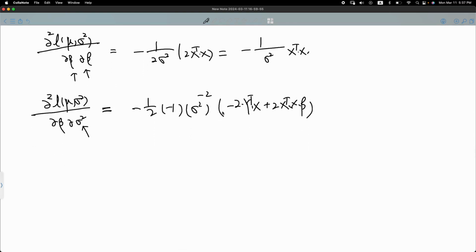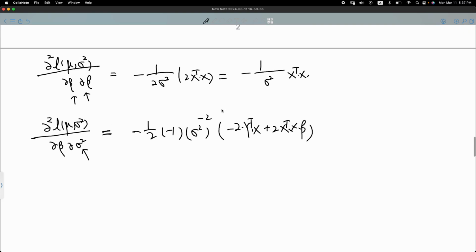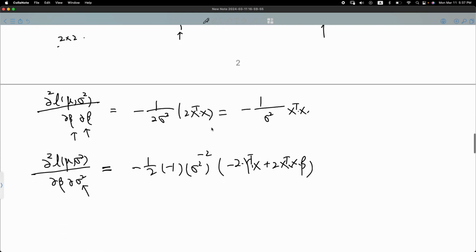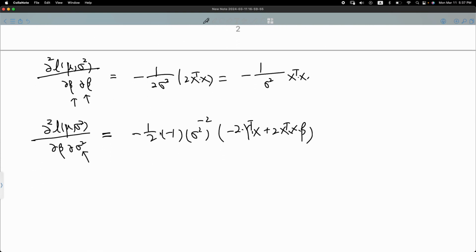Okay, let's see. This 1/2 can be cancelled out, and this negative sign cancels out. So we have 1 over sigma raised to the power of 4, and then the 1/2 cancels out.